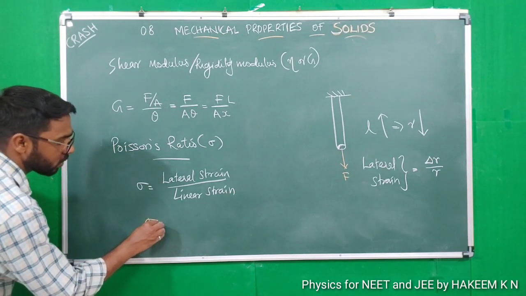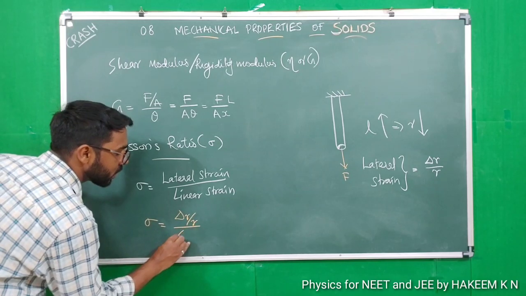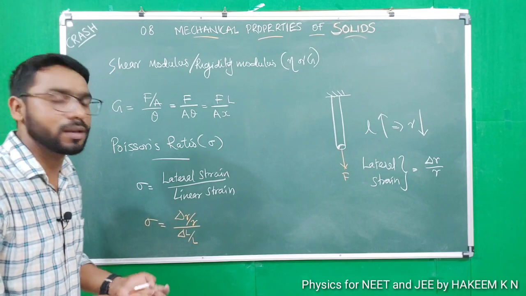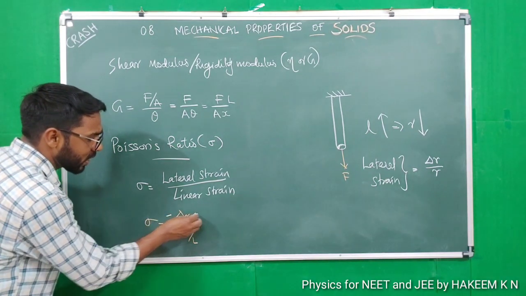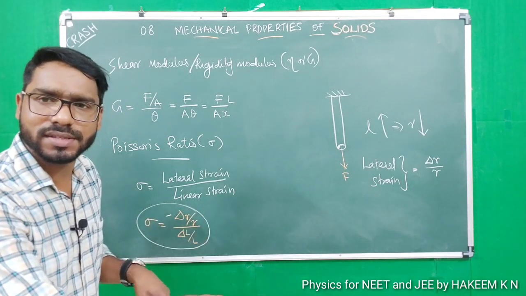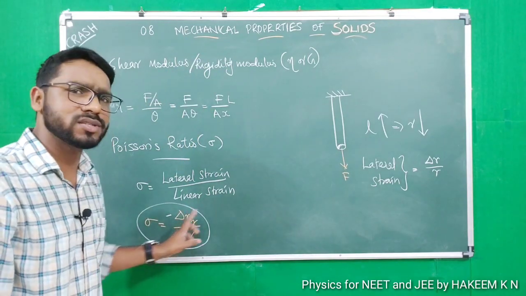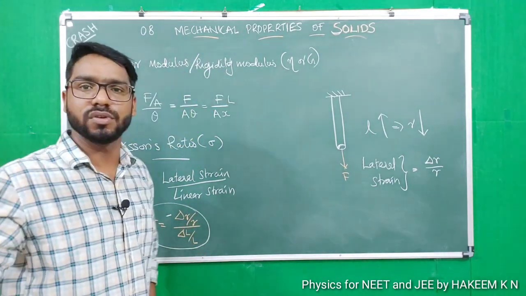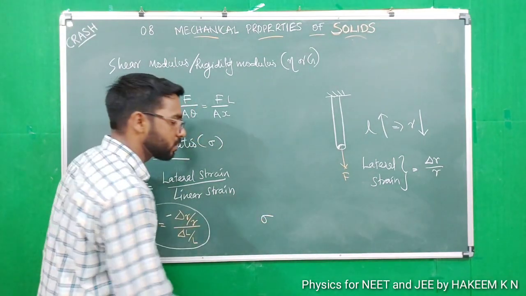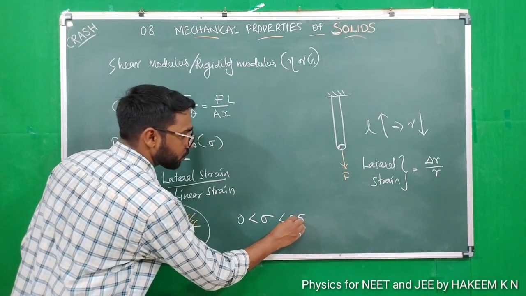Sigma equal to delta R by R by delta L by L, and it is always taken as negative. Why? As length increases, radius decreases. As length decreases, radius increases. So sigma is normally taken as negative. And the value of sigma lies between 0.5 and 0.